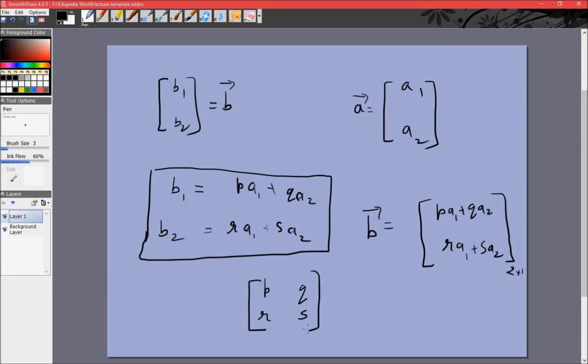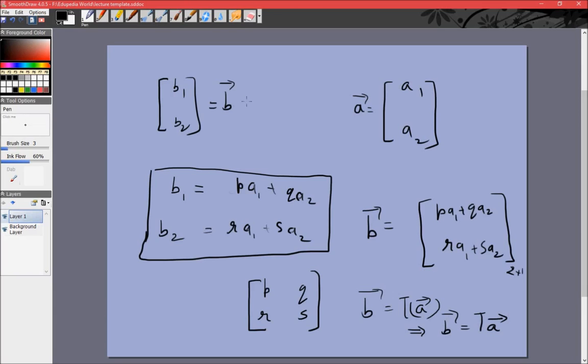If we are representing vectors having 2 entries by row or column matrices, then it makes sense to represent the transformation by a 2 cross 2 matrix. And the statement B is equal to T of A, where T is a function of A, should now be replaced by B is equal to TA. This is what we want. We want every linear transformation to be represented by a matrix, and then we want the new vector to be represented by the matrix times the original vector.